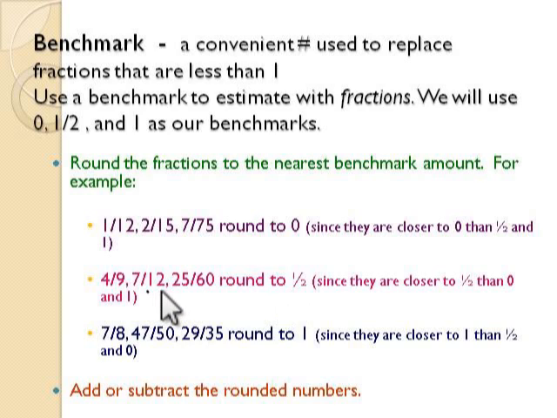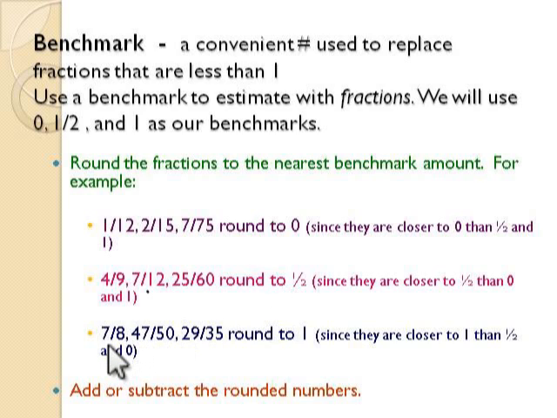Half of 12 is 6. 7 is very close to that, so it would also round to a half. 25/60. Half of 60 is 30. That would be closer to a half than it would to either 1 or 0.